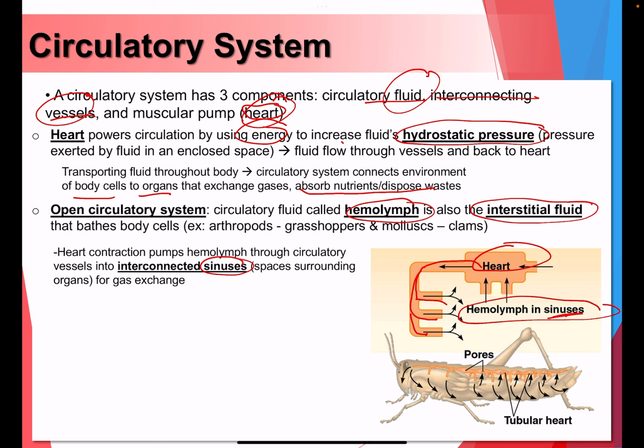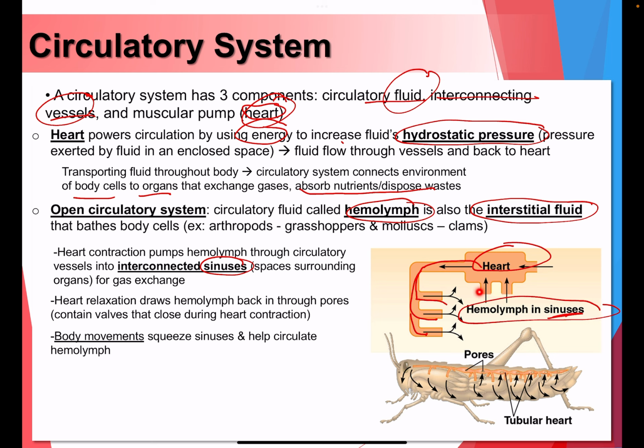That's why it's an open system: there's no vessel that connects the fluid back to the heart. The heart will contract and pump hemolymph through these circulatory vessels into some kind of sinus opening of the animal. And when the heart relaxes, it will draw the hemolymph back into the heart through pores.